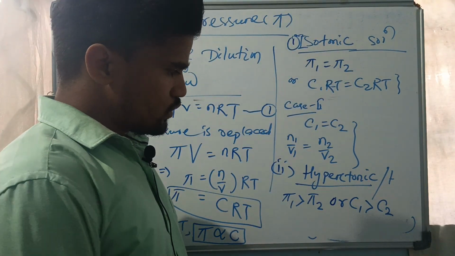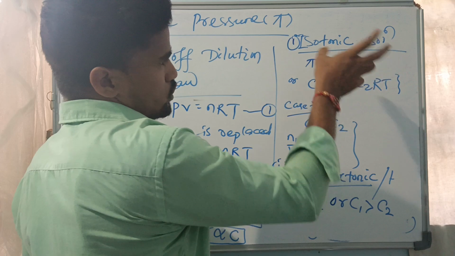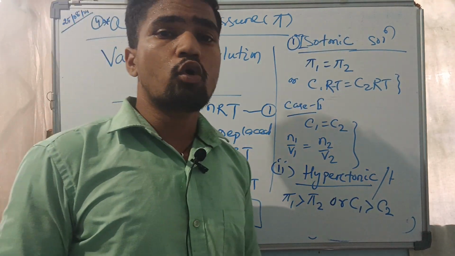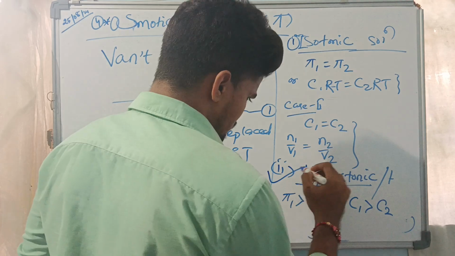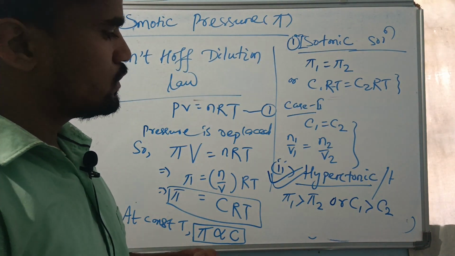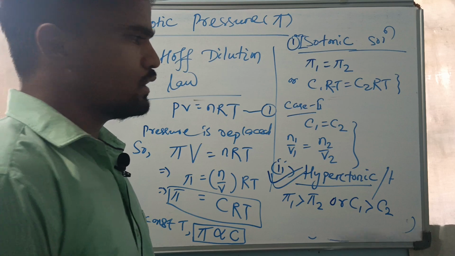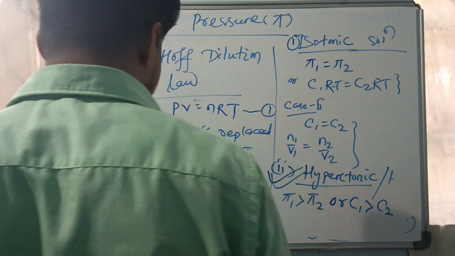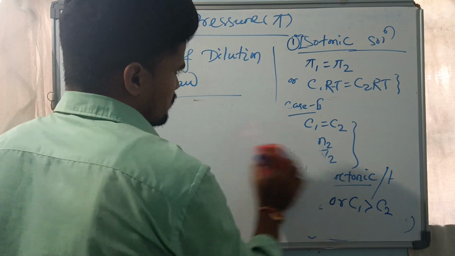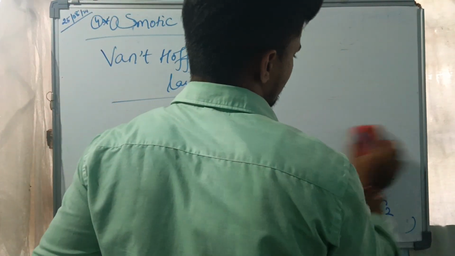According to this condition, solution 1 is called hypertonic, and the other, following condition 2, is called hypotonic solution. Hope it is clear to all of you? Now let's do some numericals.